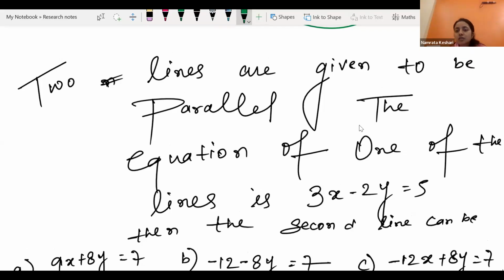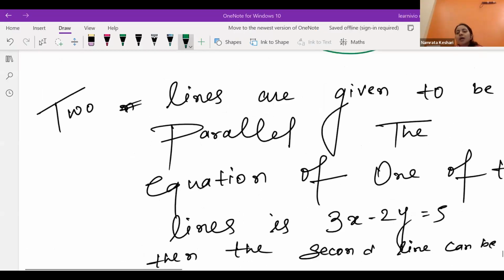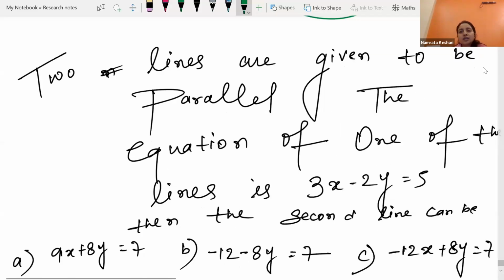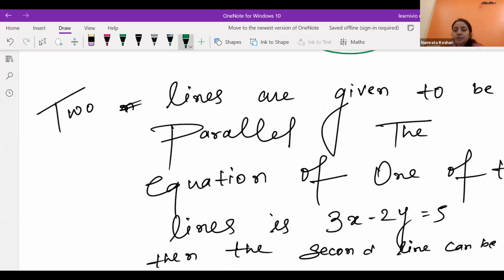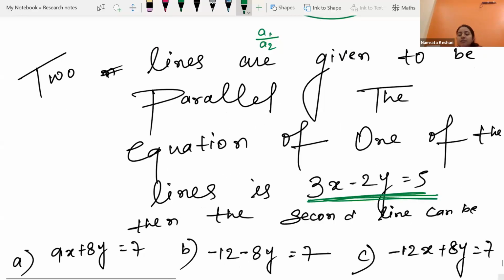Which option, can you solve this one? Okay, if two lines are parallel, there was a condition, right? What was that? A1 by A2 is equal to B1 by B2, but not equal to C1 by C2. Exactly. So if we check this 3x minus 2y is equals to 5, and if we check option C, so 3 by minus 12, that means 1 by minus 4. Option B or C?